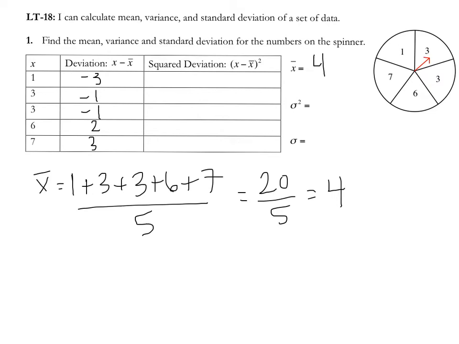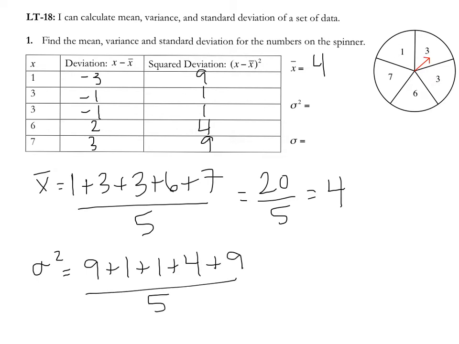So let's find all of our squared deviations. -3 squared is 9, -1 squared is 1, -1 squared is 1, 2 squared is 4, and 3 squared is 9. And the way that we're going to define our variance is it's going to be the average of the squared deviations. So it'll be 9 plus 1 plus 1 plus 4 plus 9 all over 5.